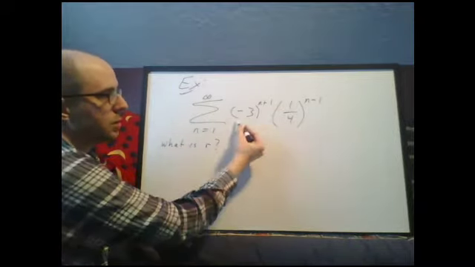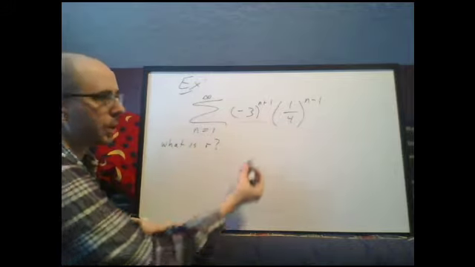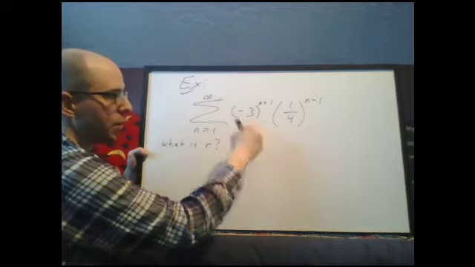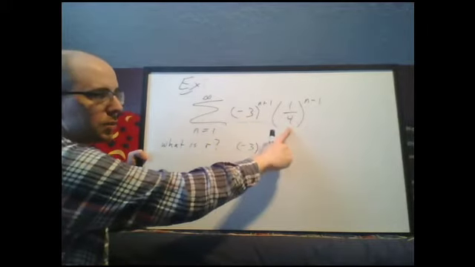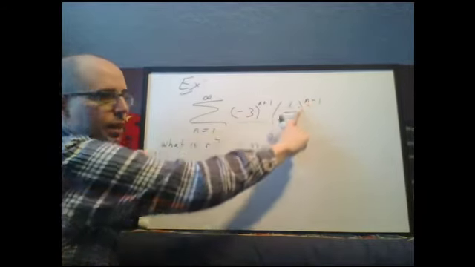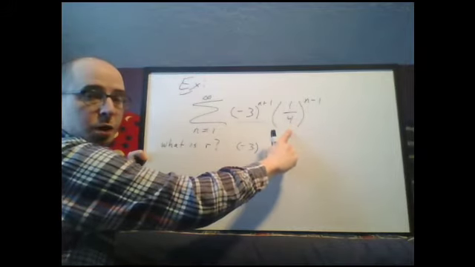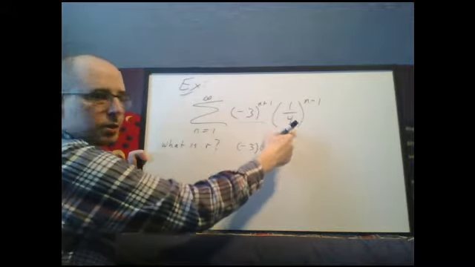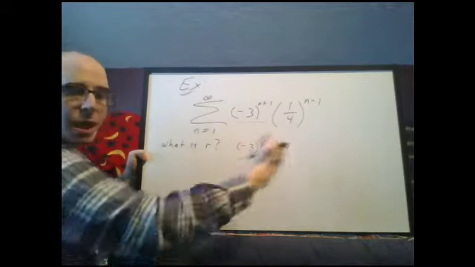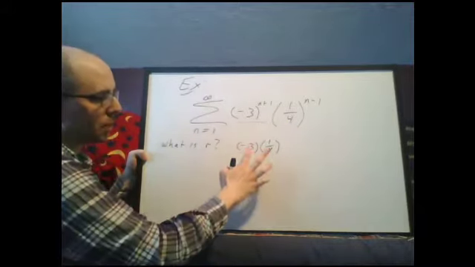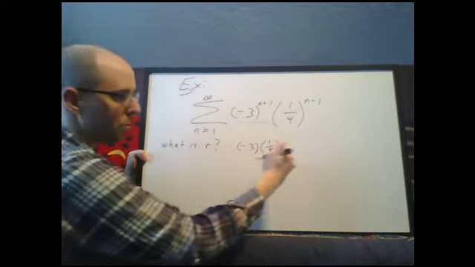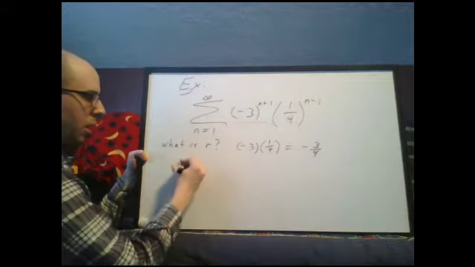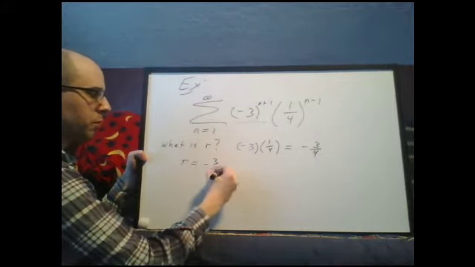Well, from this factor, every time n gets bigger, I get one more -3. From this factor, since I have an n here, every time I increase n, I get another 1/4 multiplied. So taken together, every time I increase n, I'm multiplying by -3 times 1/4. That's -3/4. So r is -3/4.